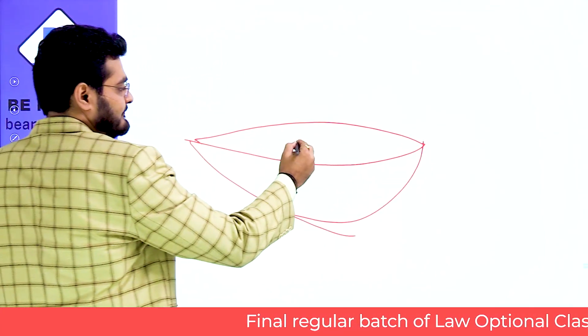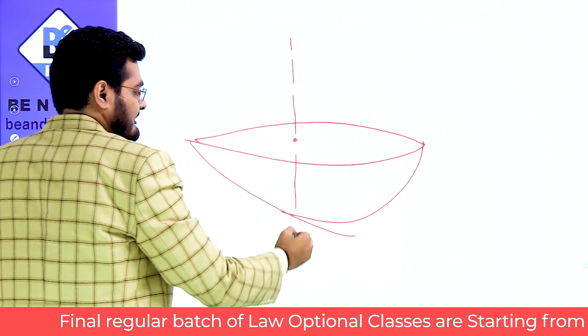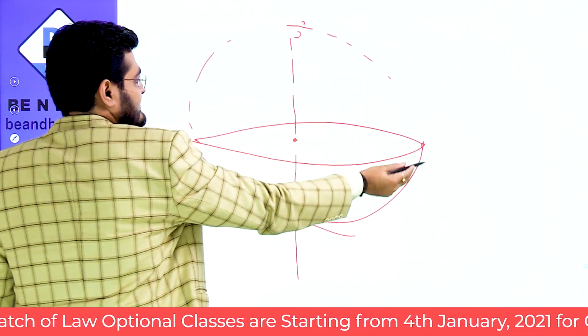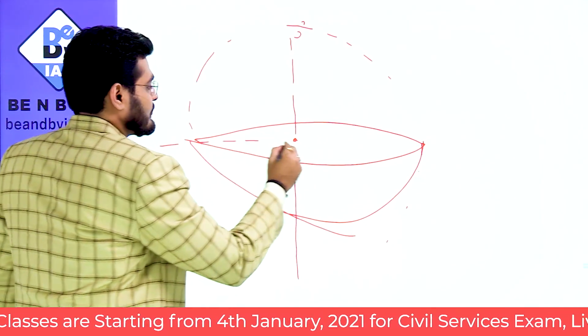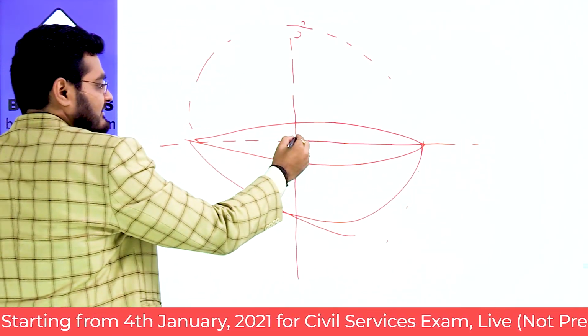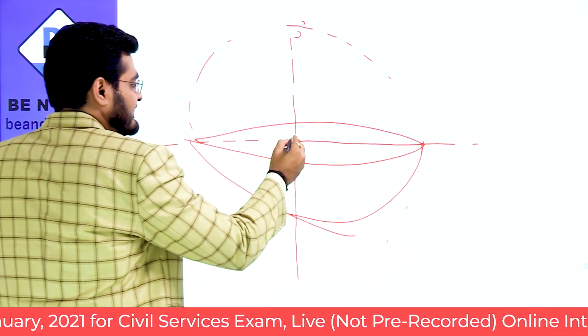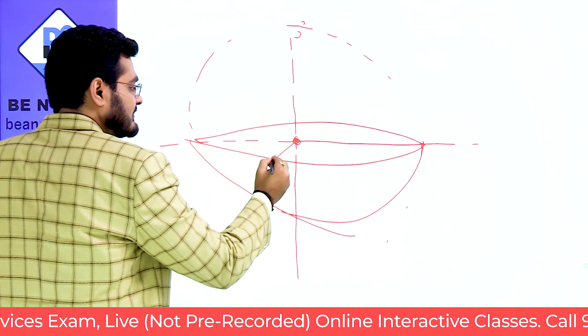This is your Earth. Somewhere here is the 0 degree, where the equator is passing. This is your point of reference, and from this point of reference, you keep your protractor and you take 15 degrees. So it lies here.